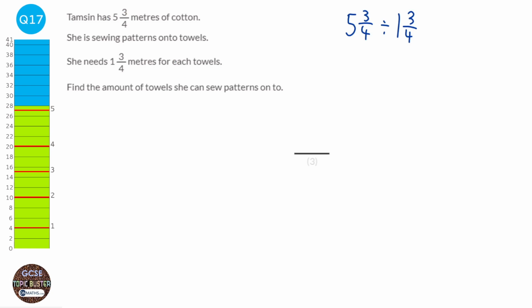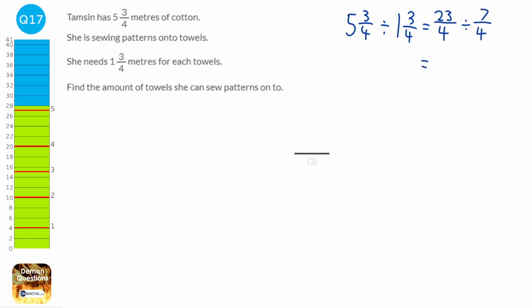So first thing we're going to do is convert them to top-heavy or improper fractions, because at the moment they're mixed numbers and we can't divide or times if they're mixed. So we times the 5 by the 4 and add it to the top, which will be 20, and then add the 3, 23. Then do the same: 1 times 4 is 4, plus 3 is 7 over 4.